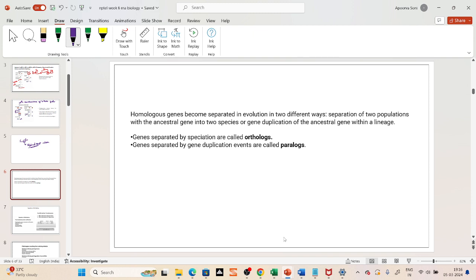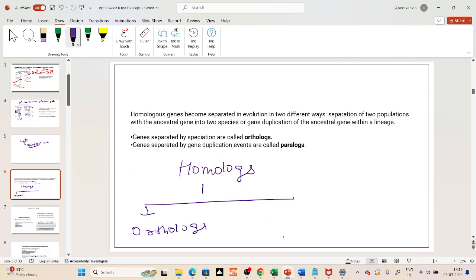So homologs in due course of evolution have separated into orthologs and paralogs.